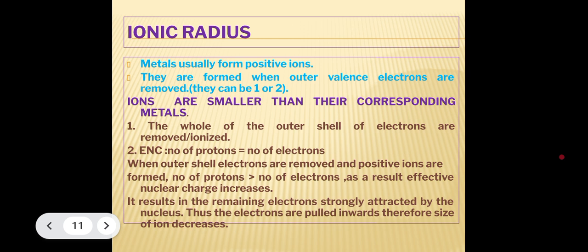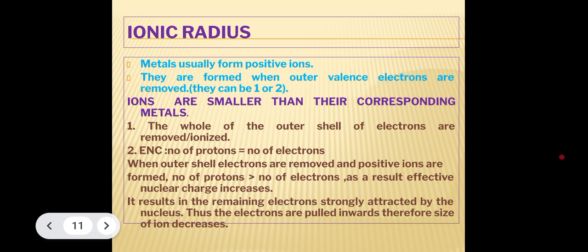In metals, the effective nuclear charge is the same, that is, the number of protons is equal to the number of electrons. But when electrons are removed, what happens? There is an imbalance. The number of protons will be more than the number of electrons.